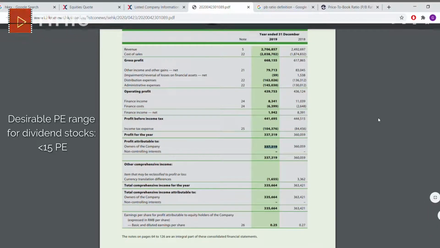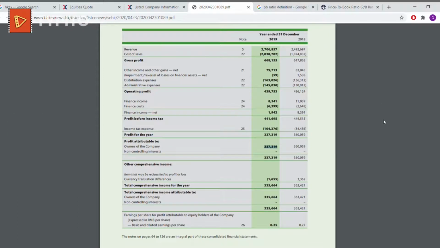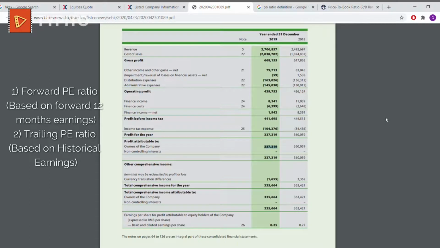Also, do note that there are different types of PE ratio, and they are usually categorized into two main types: forward PE ratio and trailing 12 months PE ratio. Forward PE ratio uses the forward earnings of the company to calculate the PE ratio.